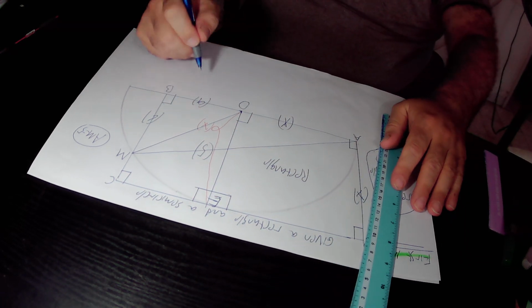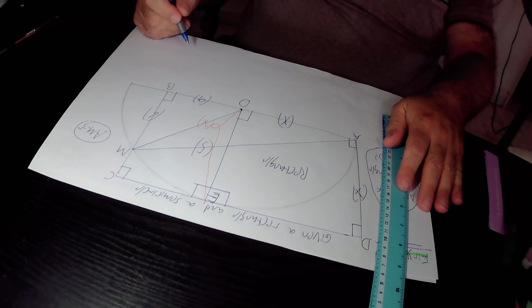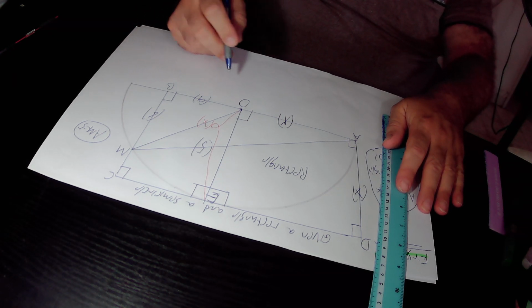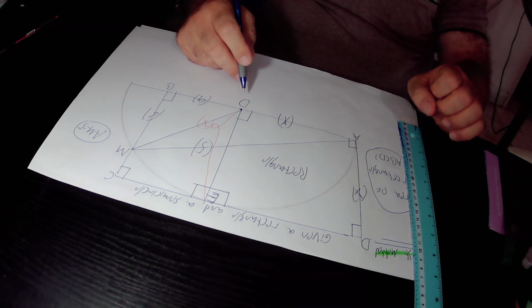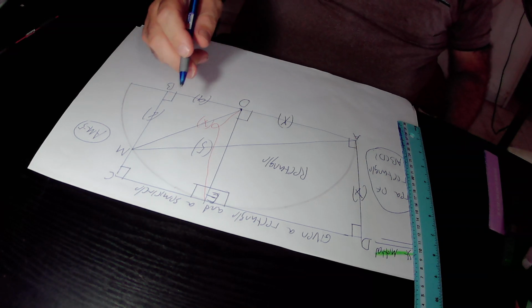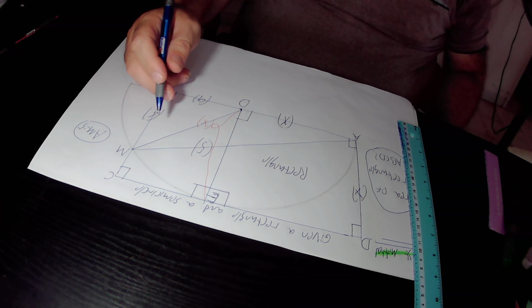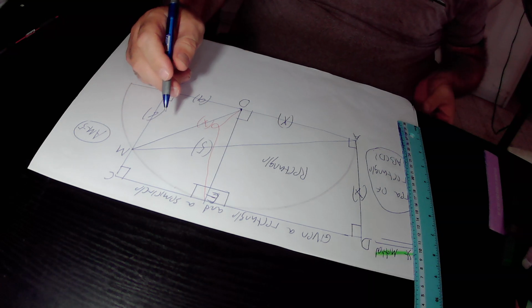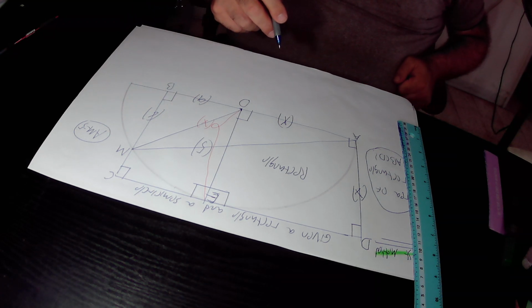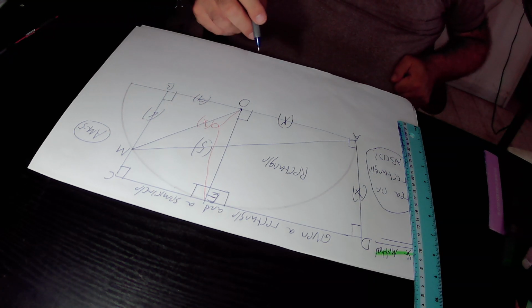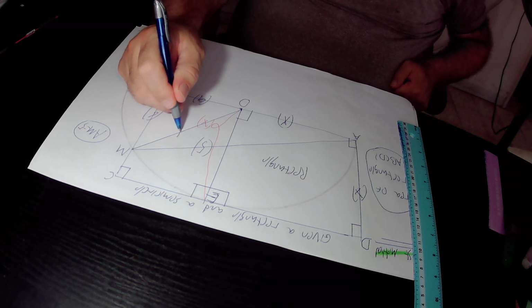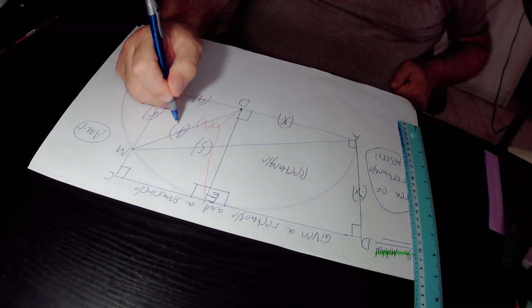Line segment OM starts from point O, the center of the semicircle, and ends at point M, a point on the semicircle itself. So this is exactly the definition of a radius. Therefore, OM is the radius of this semicircle. It is equal to x units in length according to our definition.